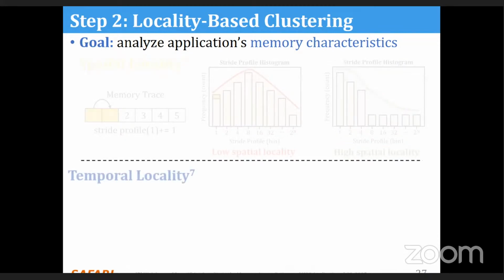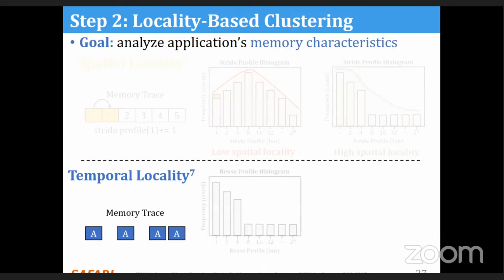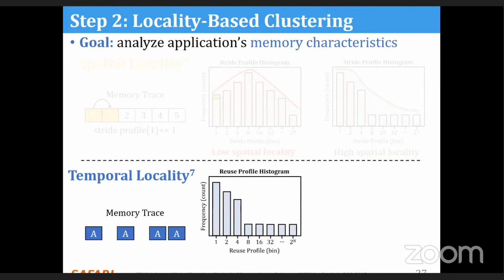And then we do something similar for the temporal locality. Temporal locality is how many repeated accesses I have to the same address. And in this case, we have a reuse profile histogram. We say, okay, in this window of time of the execution, how many times did I access this address? 4 times.